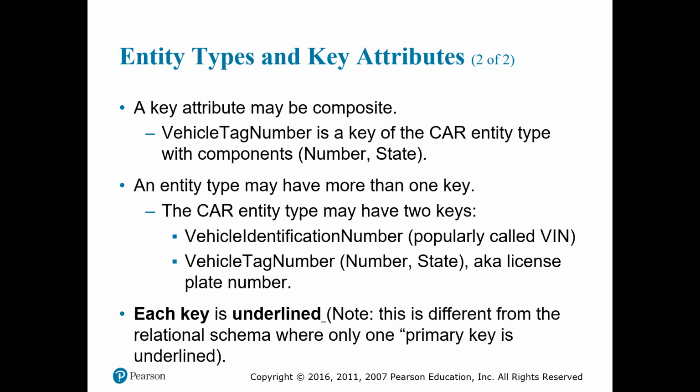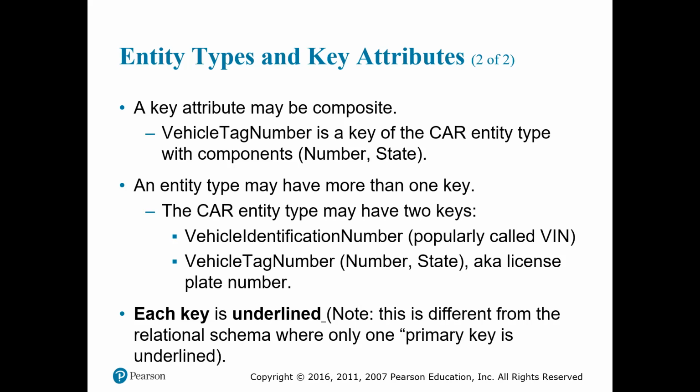So a key attribute may be composite. In database speak, that's a compound key. Vehicle tag numbers, your example. You could have two states issuing the same tag number, so you need the state and the tag number combined as a composite key for that car.